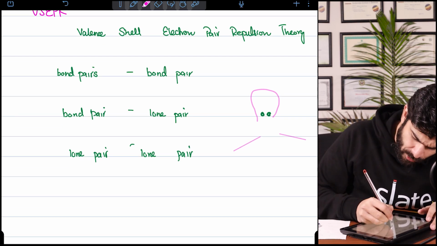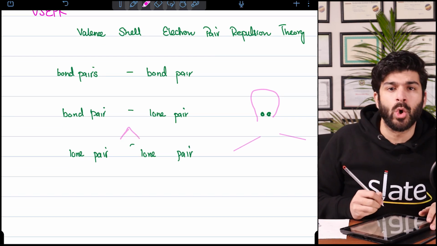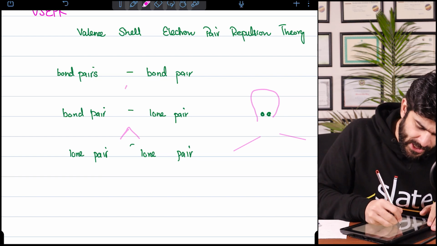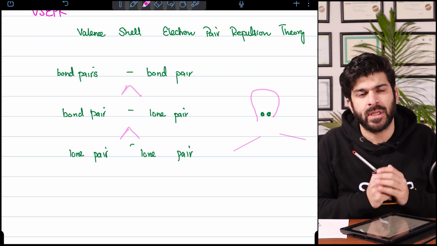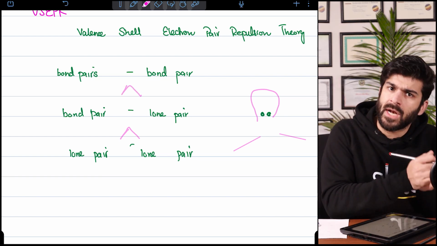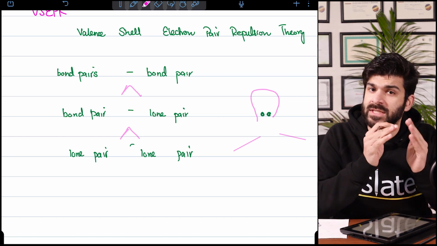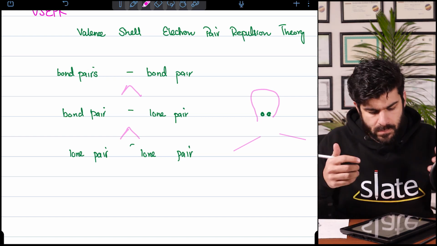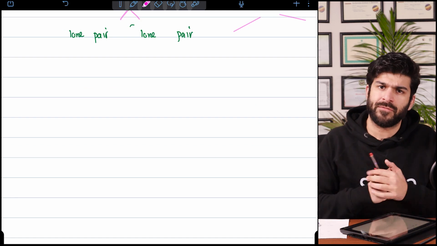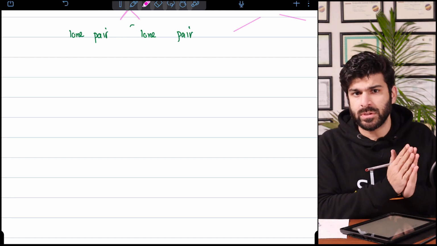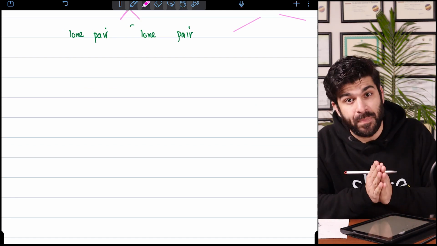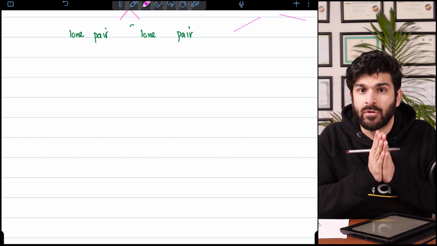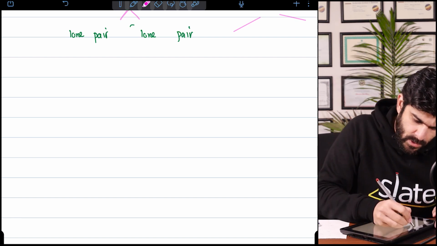Therefore, lone pair repulsion is the most. Then it's bond pair and lone pair repulsion. And lastly, bond pair and bond pair repulsion. Even simple bonds have repulsion. So let's study various types of molecules, and we will be discussing a good number of examples so that you can understand.